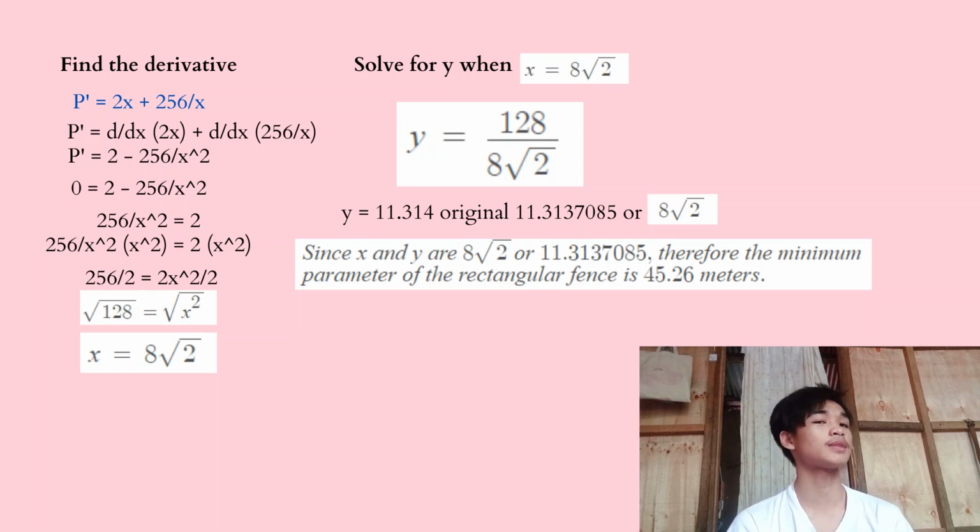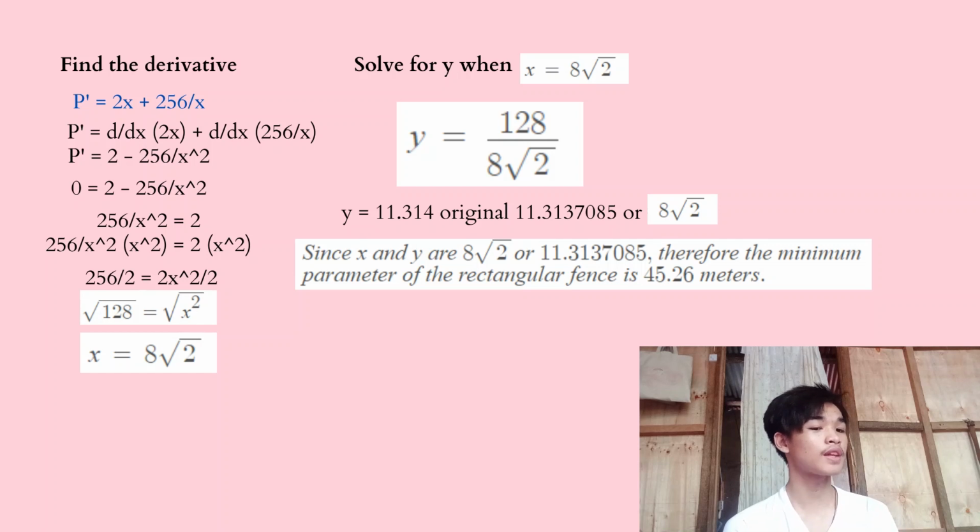So d over dx times 2x plus d over dx times 256 over x. d over dx times 2x is equal to 2, while d over dx times 256 over x is equal to negative 256 over x squared. And that's our first derivative.